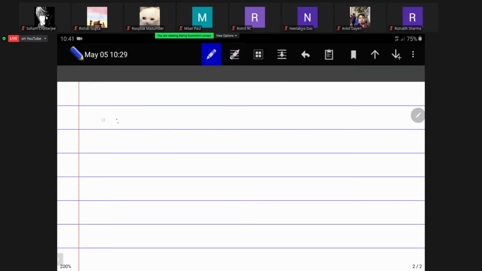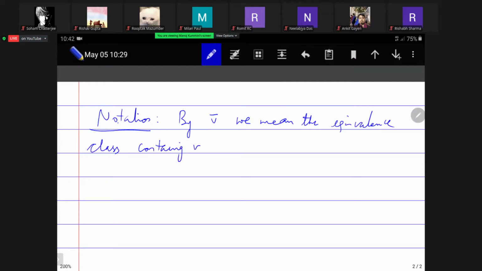Okay, notation. For a vector v in V, by v bar we mean the equivalence class containing that vector.